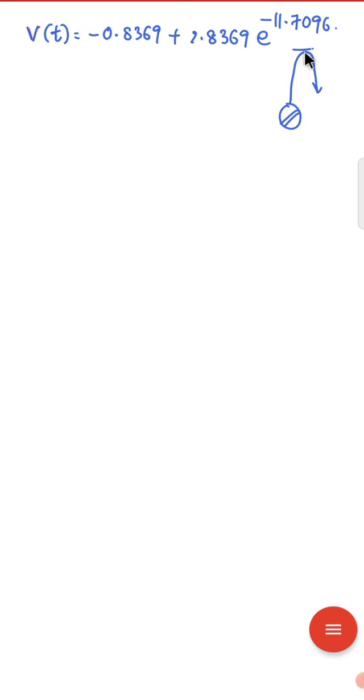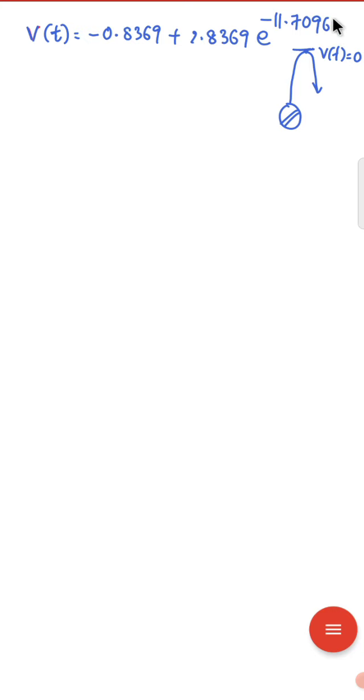The ball comes back. So when it reaches the maximum height, the velocity of the ball becomes 0. So here v of t is 0. If you find the point where v of t is 0, then we are able to find that time t.